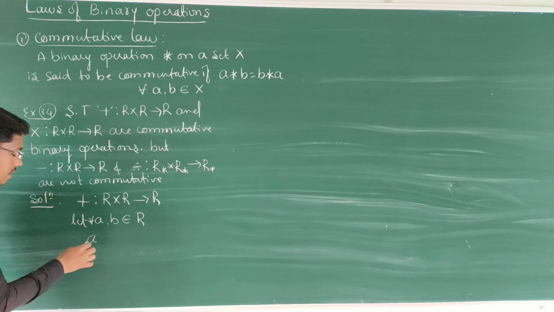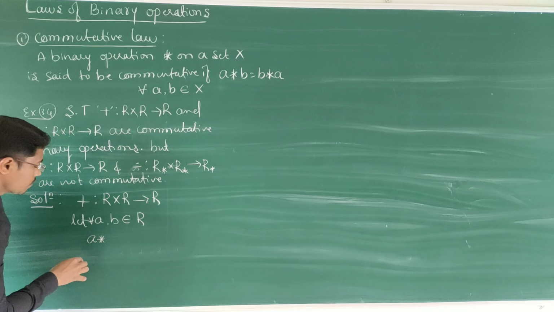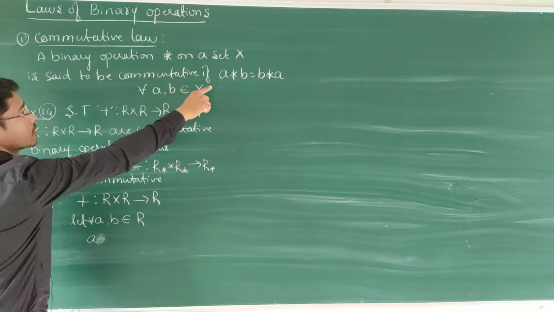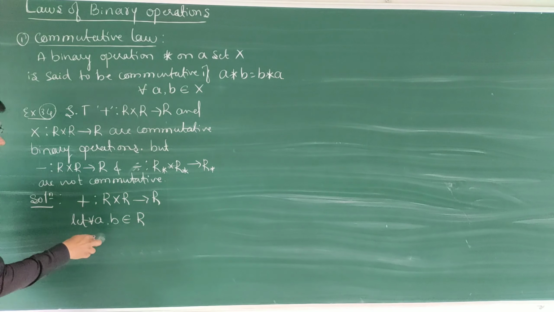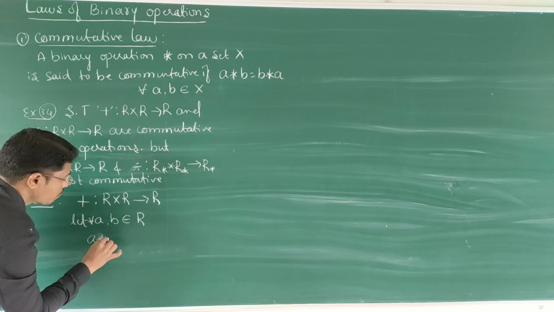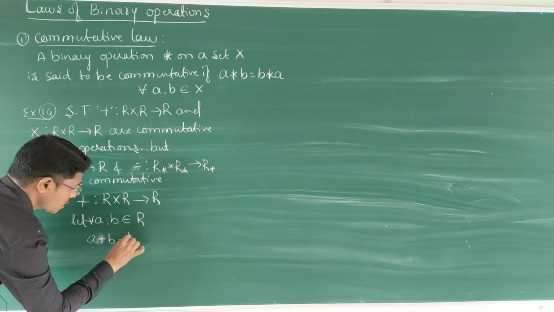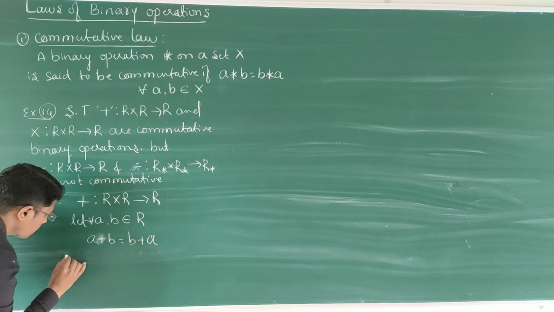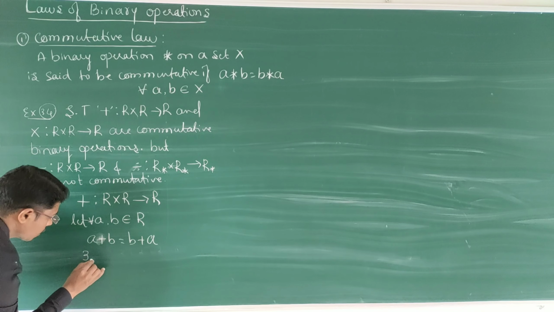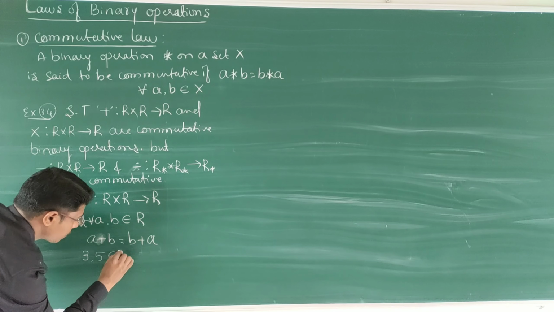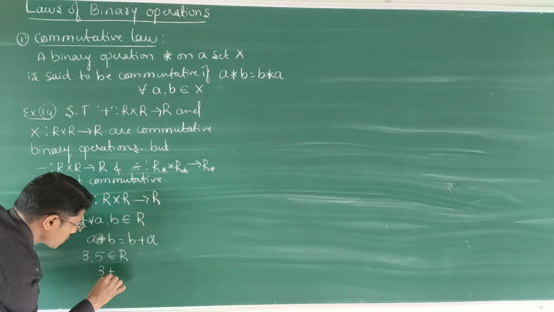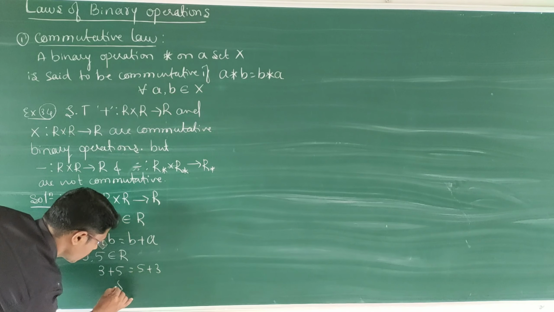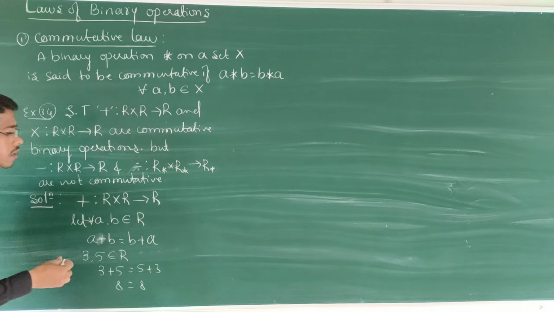This is defined as A star B, where the operation in place of star is plus: A plus B, which we can write as B plus A. A specific example: 3, 5 belongs to the set of real numbers. 3 plus 5 equals 5 plus 3, that is 8 equals 8.